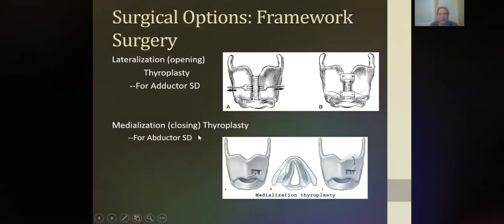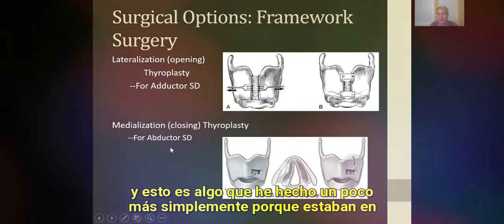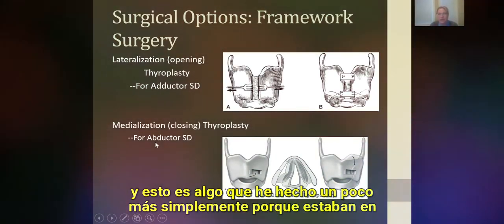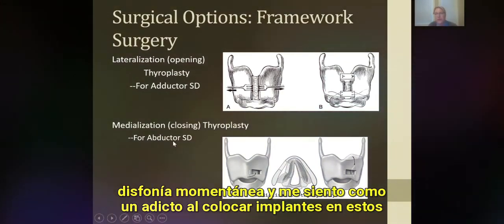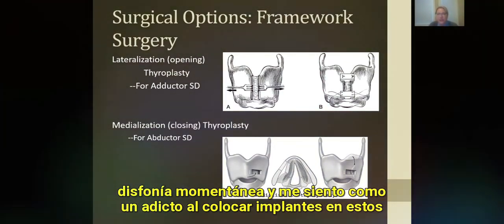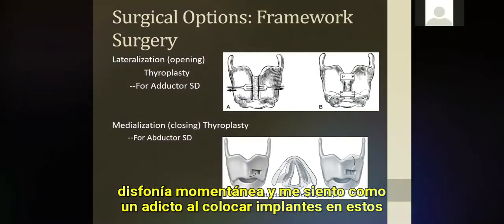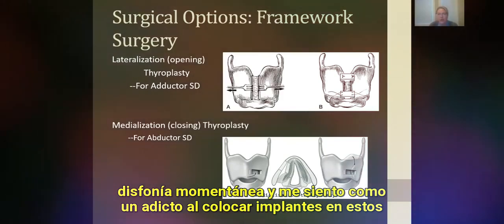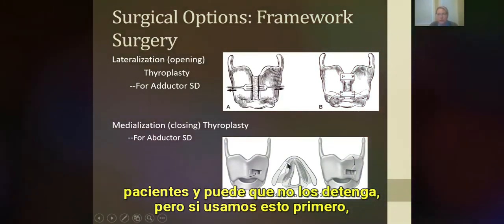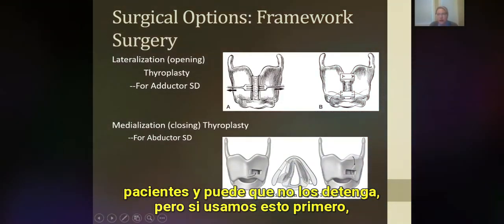The other thing that can be considered is medialization thyroplasty, and this is something I have done a little more of simply because we use it for abductor spasmodic dysphonia, and I feel like there are very few treatment options that help. And so by putting in implants into these patients, it really makes the voice quite a bit stronger.